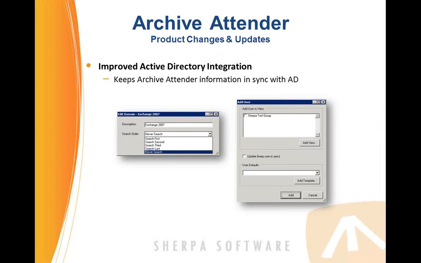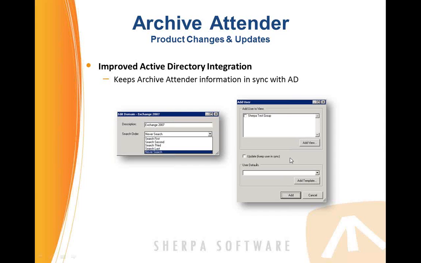Moving on in terms of product changes, we've added some information behind the scenes to pull us a little bit tighter into the Active Directory environment. So you'll notice here when you set up a domain in Archive Attender 4, you can specify a search order for multi-domain environments: where do I look first to get information updates on domain changes?